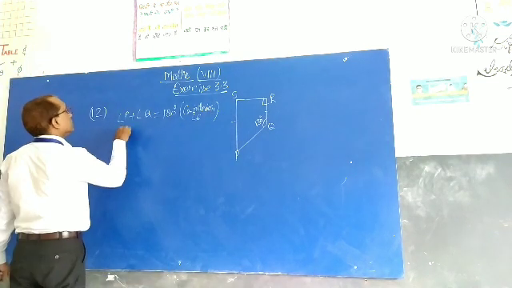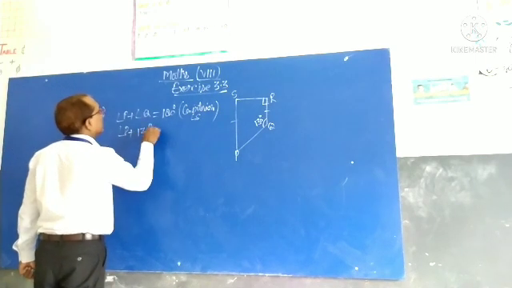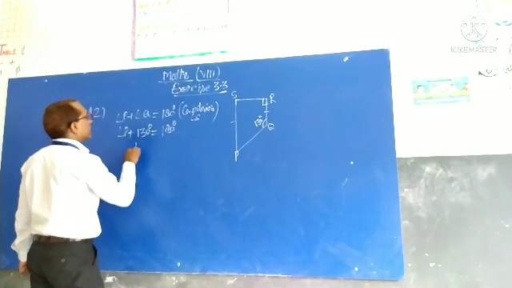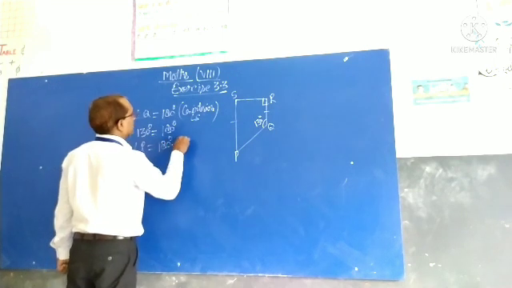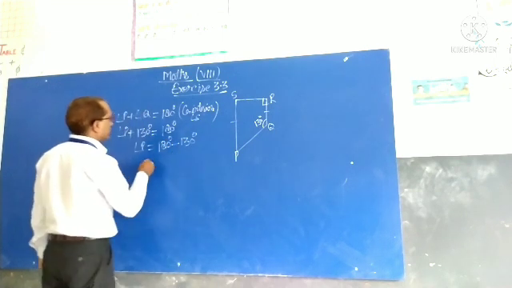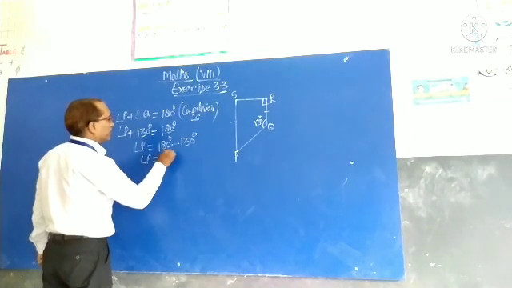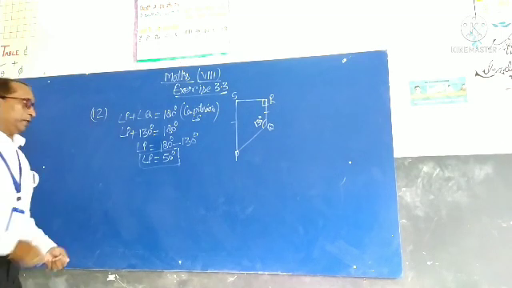Angle P plus angle Q is 130 degree. That is 180 degree. Then angle P is equal to 180 degree minus 130 degree. Angle P is equal to 50 degree. It is the answer of angle P.